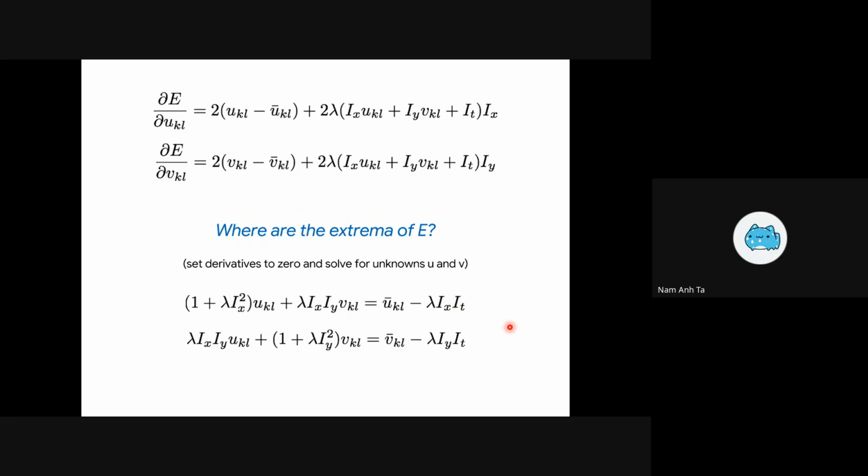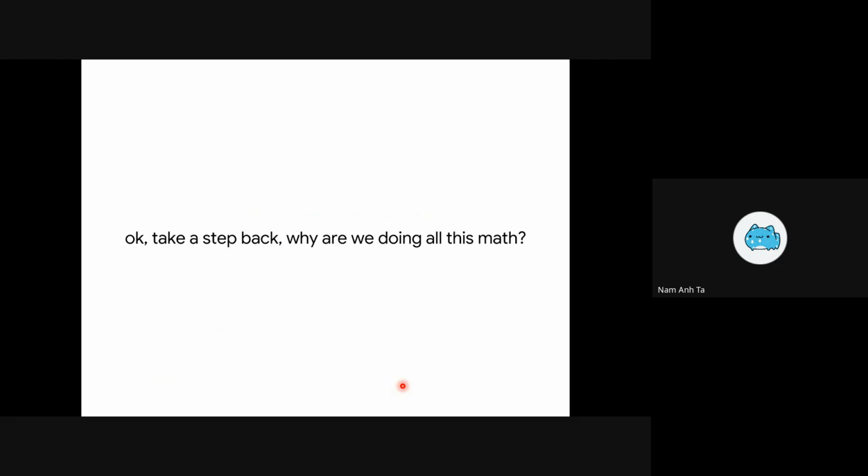By setting these derivatives to 0 to find the local minimum, we derive this system into two simultaneous equations. By rearranging these terms, we can reformulate the entire problem, and this structure allows us to solve for the flow vectors using standard linear algebra techniques.